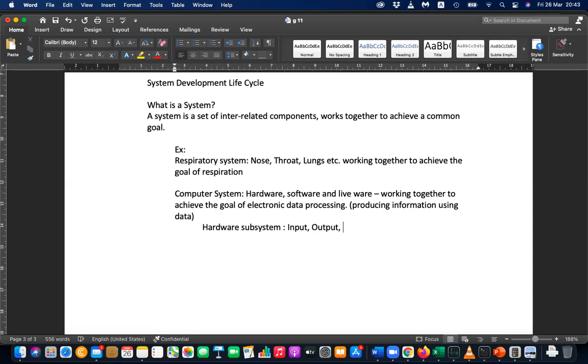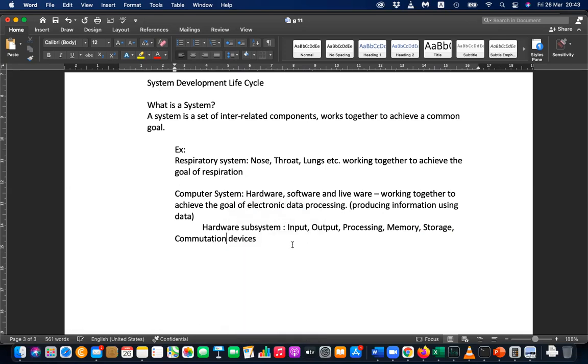What else? Processing. Yes, processing. Memory, storage, and communication. Those are the components in the hardware subsystem.